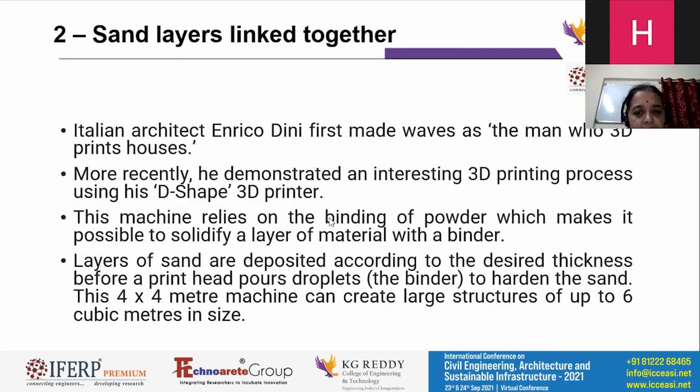This machine relies on the binding of powder, which makes it possible to solidify layers of material with a binder. The layers of sand are deposited to the desired thickness before a print head pours the binder to harden the sand. The 4-meter by 4-meter machine can create large structures up to 6 cubic meters in size. So sand layers is the second method.